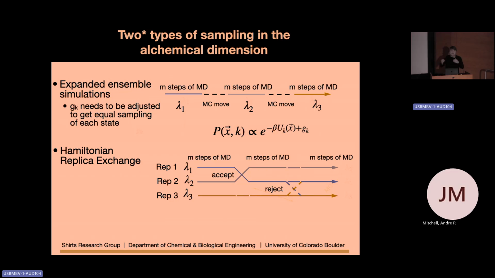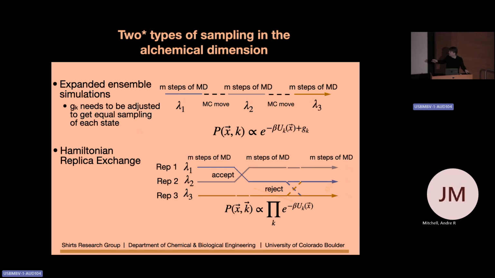And so at all times you have one simulation in each lambda state, but they can switch which ones are which. So it's the same set of continuous configurations that can raise and lower in lambda state, and thus sample and access potentially faster dynamics.